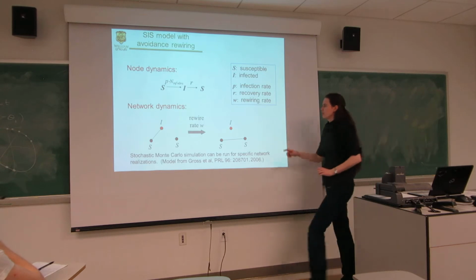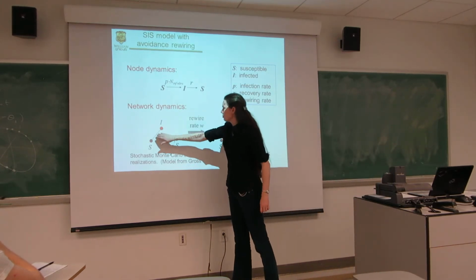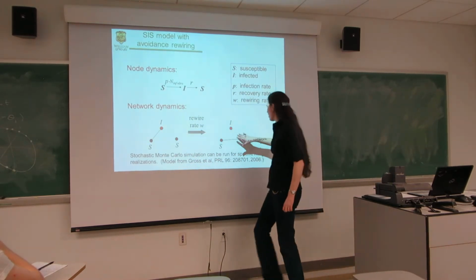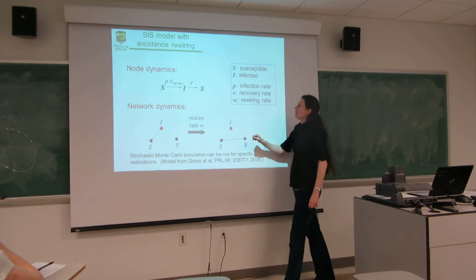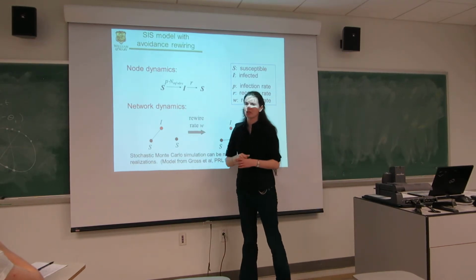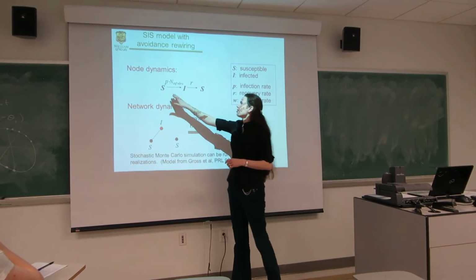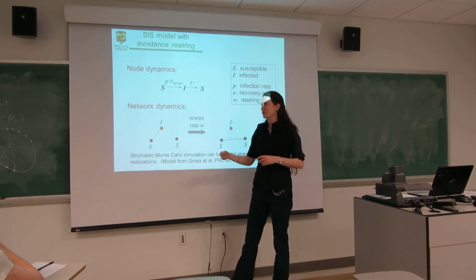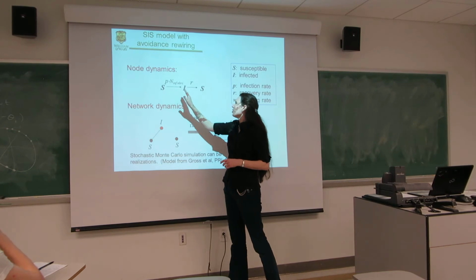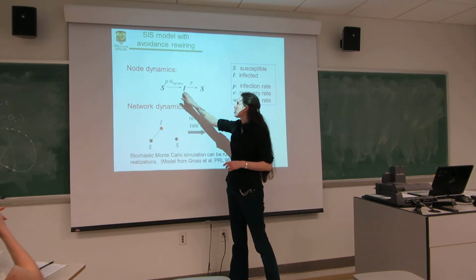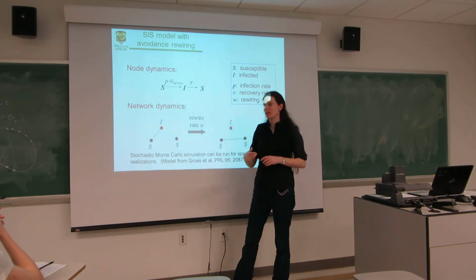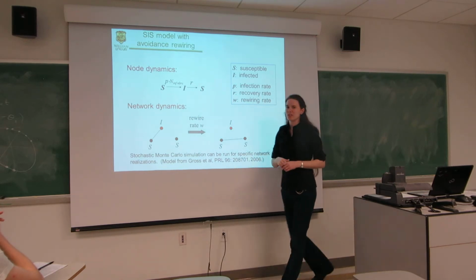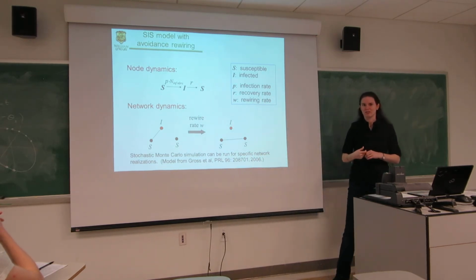So here's a schematic of how a susceptible connected to an infected is going to rewire their connection. The disease dynamics we're using is an SIS model: susceptible, infected, susceptible. So a susceptible gets infected. When they recover, they don't have any immunity. They go back immediately to being susceptible again to the disease.